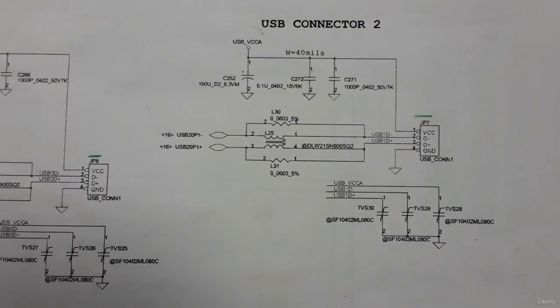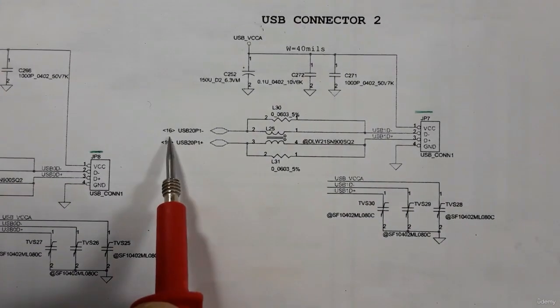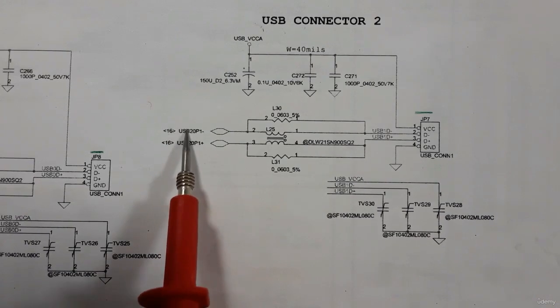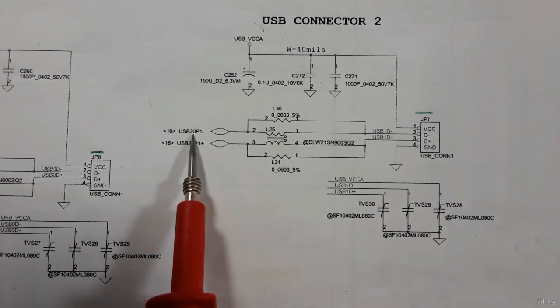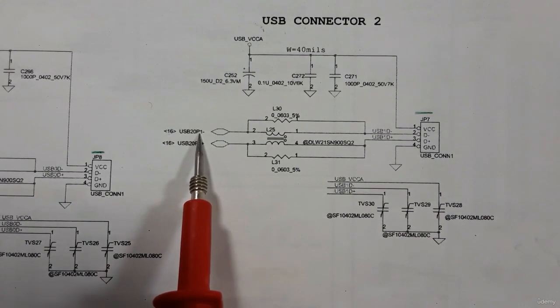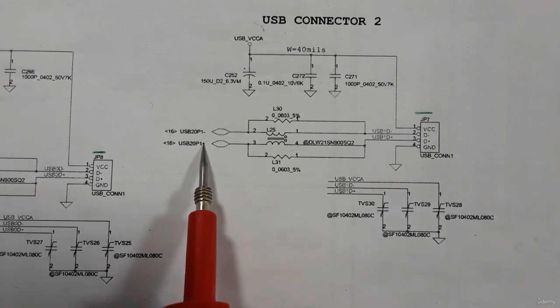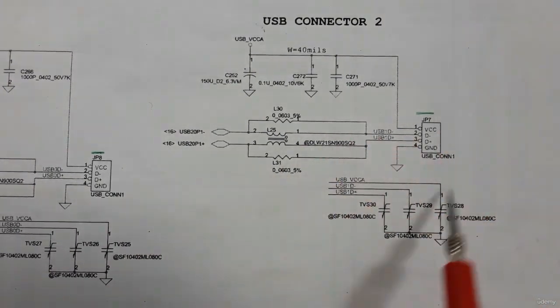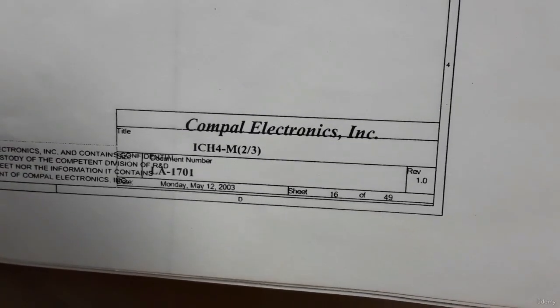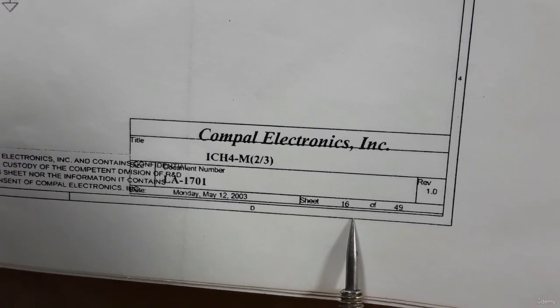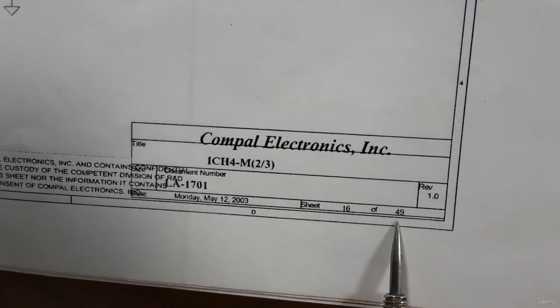So let's go and check page 16 and look for these two signals, USB 20 P1 minus and USB 20 P1 plus, for this connector. Here, as you can see, this is sheet 16, or page 16 of 49.